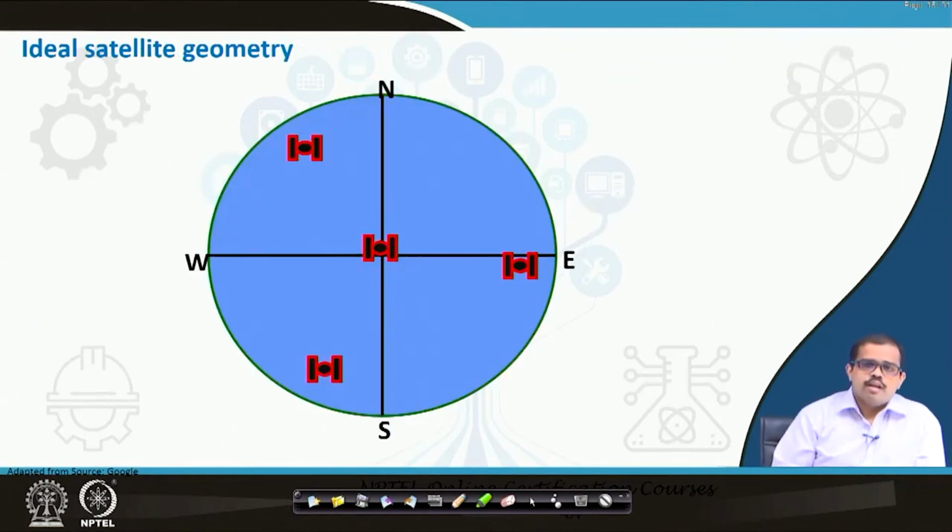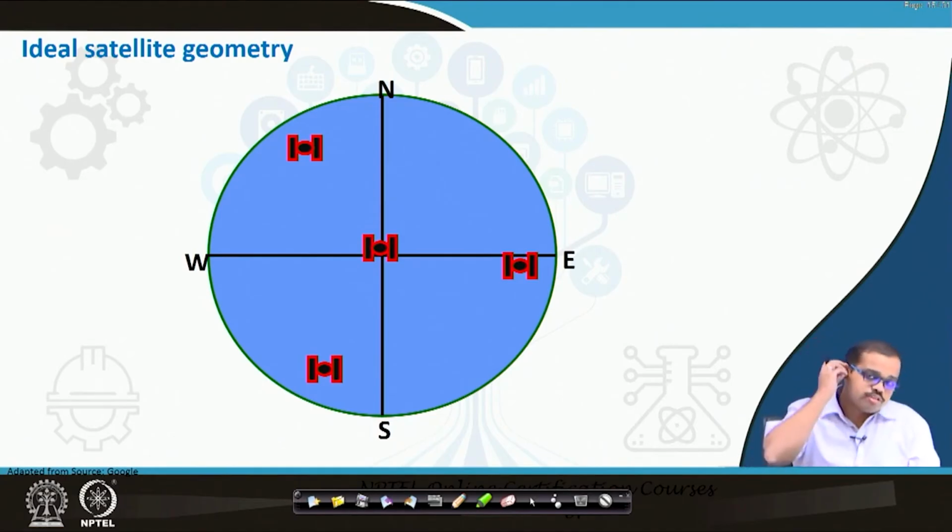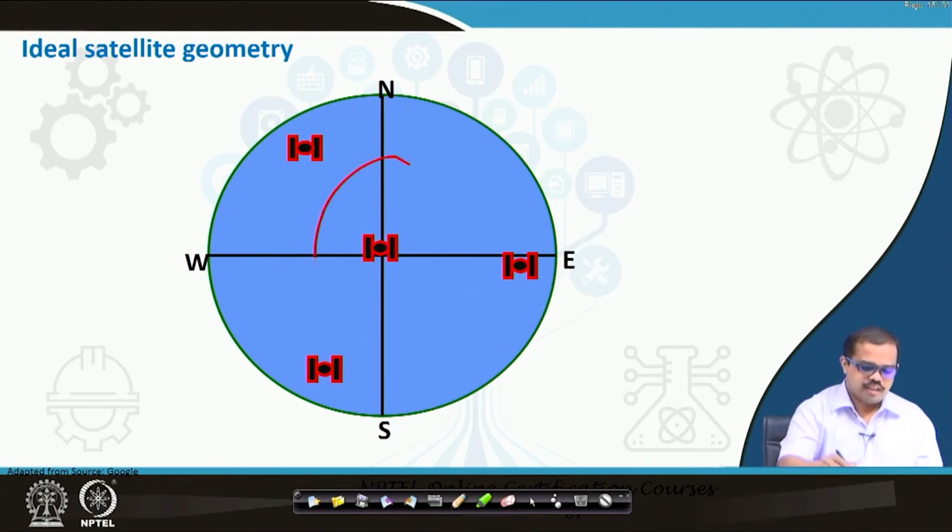Okay, so when you look at your satellite geometry, it matters a lot, because just by a bad geometry, the strength of your signal may get worsened. So when people talk about ideal satellite geometry, these satellites should be placed in such a way that you have an inner circle at a certain distance from the equator, and there is an outer circle.